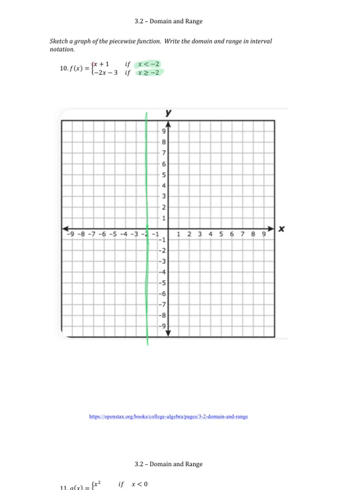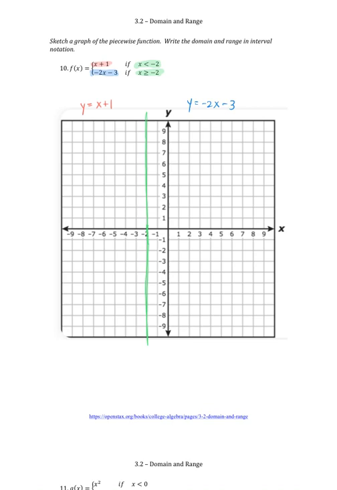I'm going to use red for that graph. Okay, and so that side is going to be defined by y equals x plus 1. And on the right-hand side, when x is greater than or equal to -2, it's going to be defined by this function. So it's going to be defined by y equals -2x, not plus, minus 3. Okay, so now we have them separated.